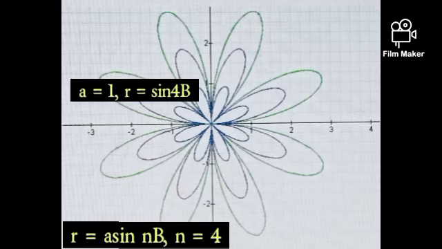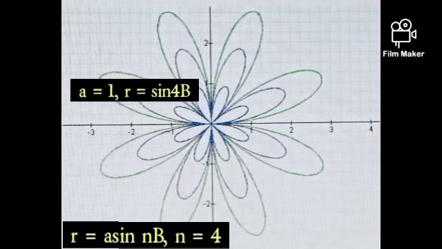For a equals 1 and n is 4, the polar equation is r equals sine 4b. In the diagram, there are actually 3 roses that represent the 3 polar equations. And the smallest of the 3 roses has polar equation r equals sine 4b.